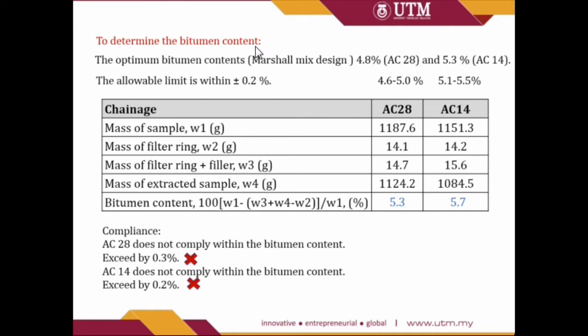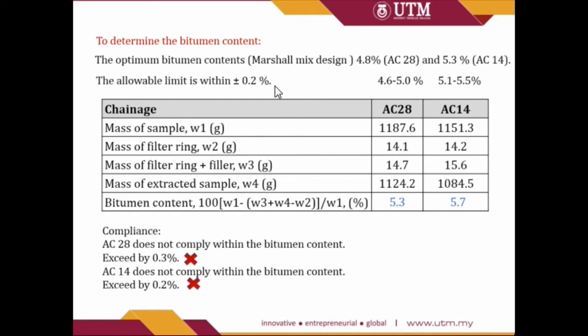Next, we have a look at the verification of the bitumen content used for the AC28 and AC14. From the laboratory Marshall mix design, the optimum bitumen content is 4.8% and 5.3% for AC28 and AC14 respectively.